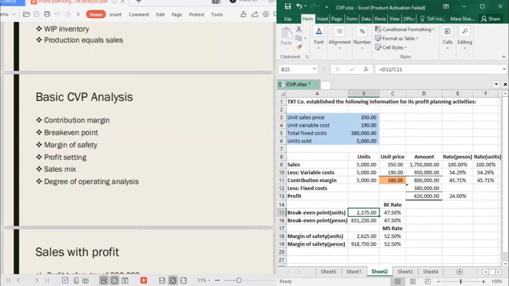Now, remember, what is your break-even point? Your break-even point is when your contribution margin is equal to your fixed cost.